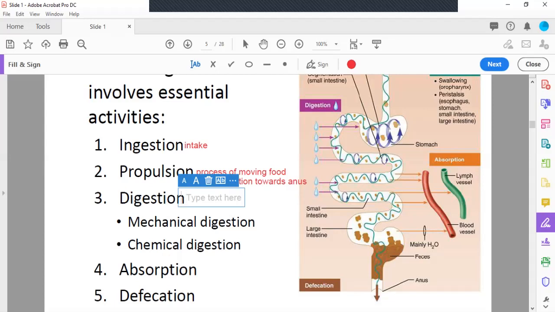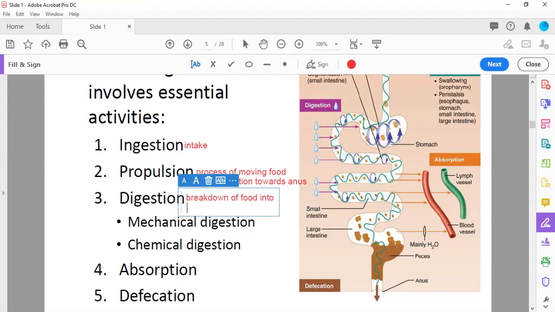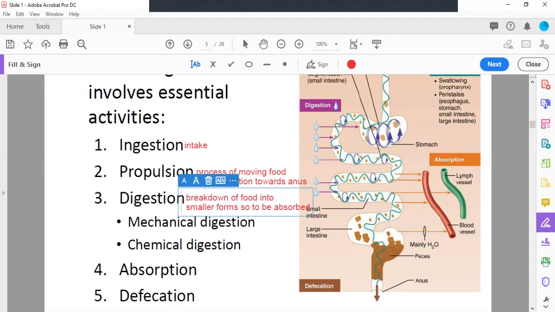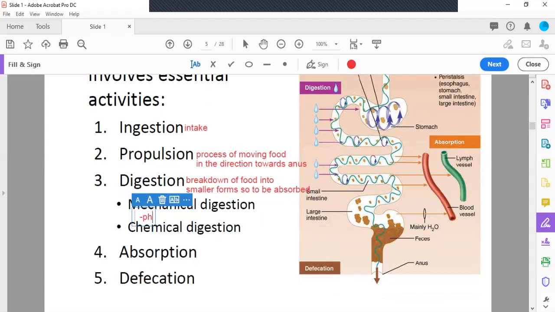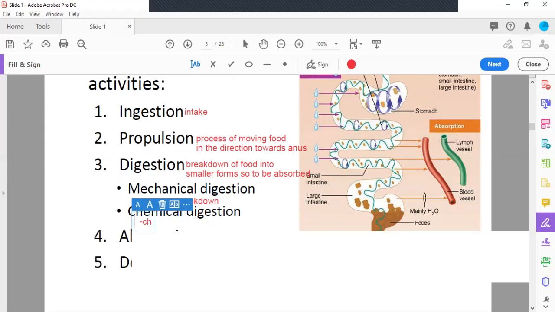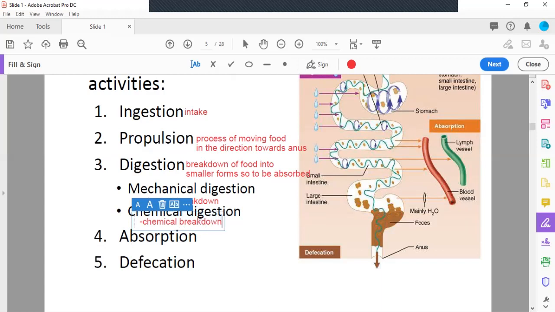Digestion is defined as the breakdown of food into smaller forms so to be absorbed. Mechanical digestion means the physical breakdown, and the chemical digestion is defined as the chemical breakdown.